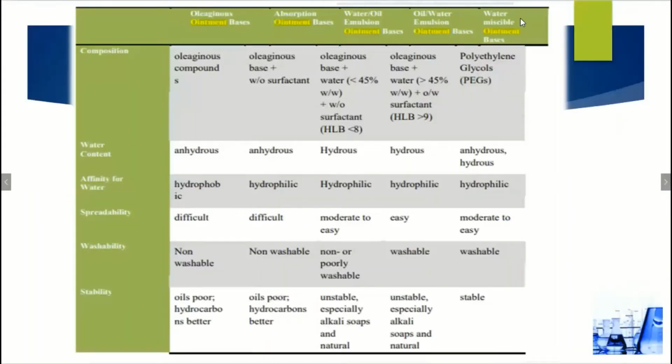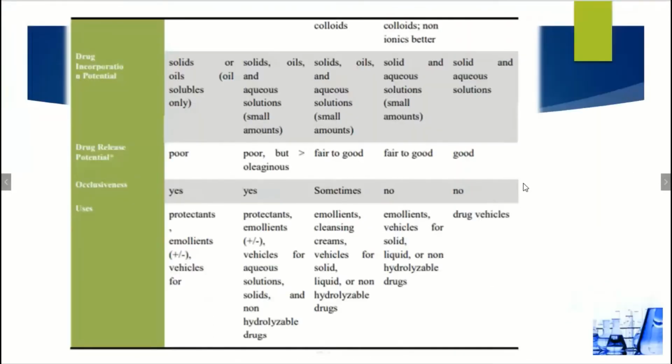Then comes the water miscible ointment, which is the most widely used base, and it is a polyethylene glycol (PEG) base, which is used widely. It is anhydrous and hydrous. It is hydrophilic. It has the best spreadability. It is washable, and it is very stable, and that's why it is widely used.